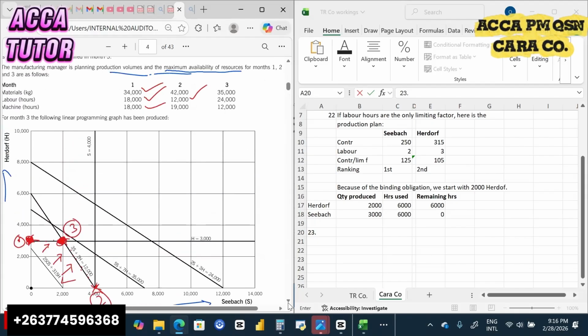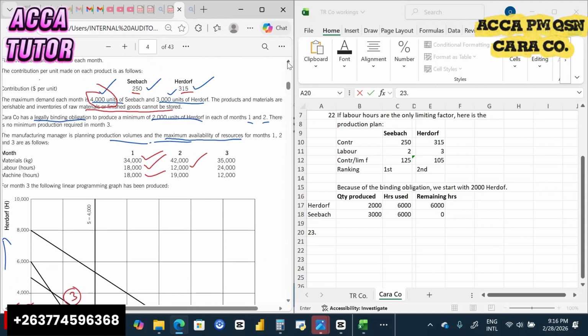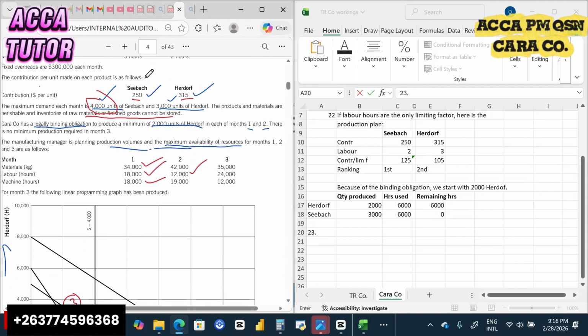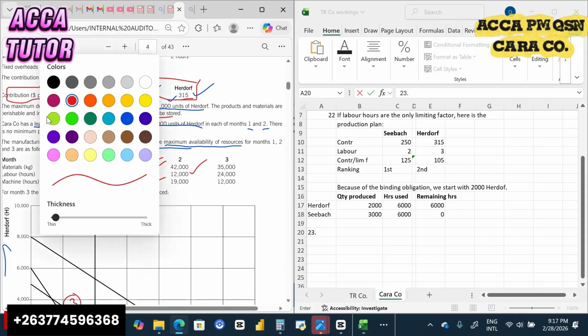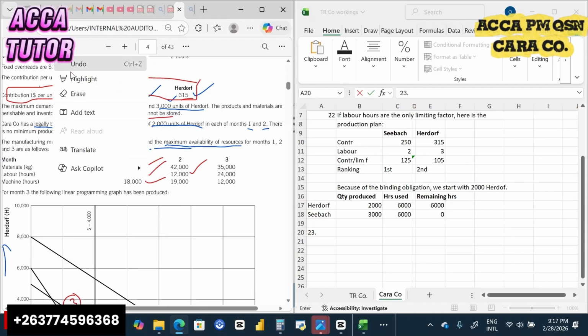The contribution per unit information has been given here: 250 and 315. But now we want the total contribution.